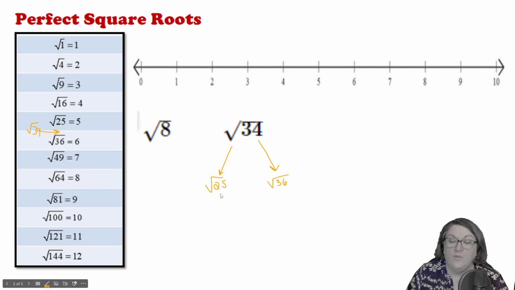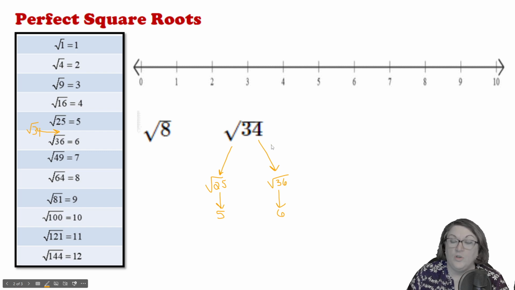The square root of 25 is 5, because 5 times 5 is 25. And the square root of 36 is 6, because 6 times 6 is 36. So we're talking about a number between 5 and 6, which would be right in this part of the number line. Now, is 34 closer to 25, or is it closer to 36?